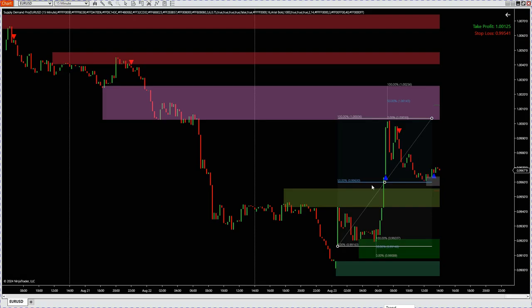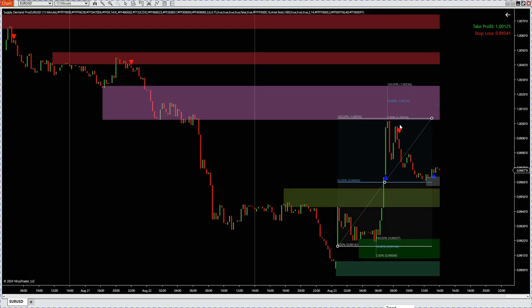So when price veers away from a zone, it's looking for another zone, a point where there's excess supply or demand, which represents resistance or support. At that point, it's either going to bounce off of it and stay in a range, or break through it and continue and possibly form a trend.